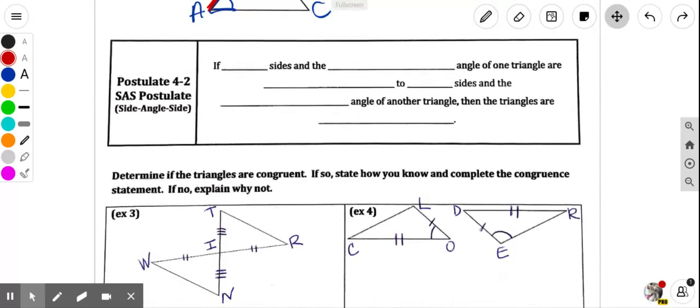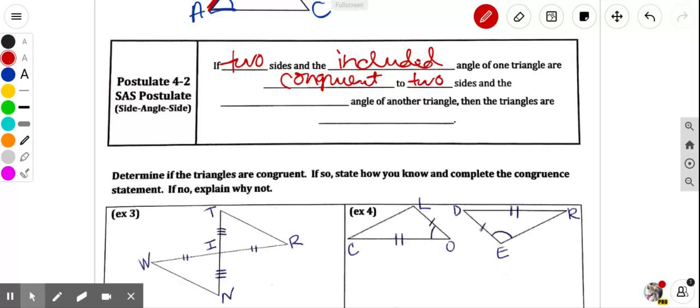Okay, so our next shortcut is called side angle side. And so side angle side says if two sides and the included angle of one triangle are congruent to two sides and the included angle of another triangle, then the triangles are congruent.